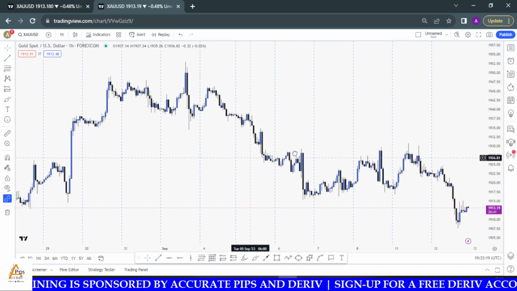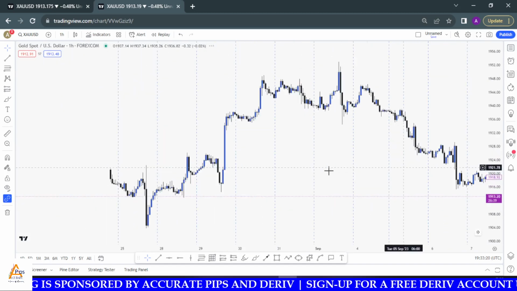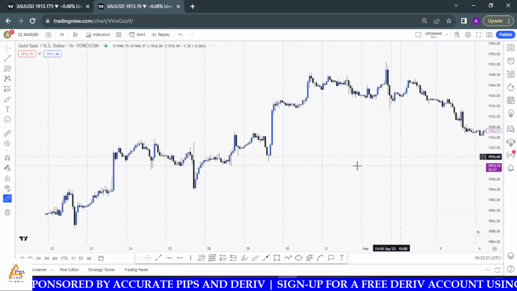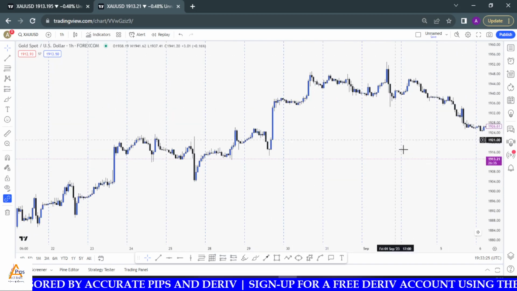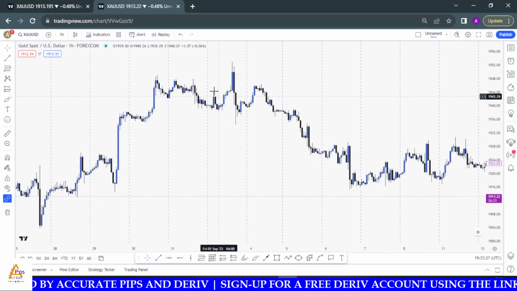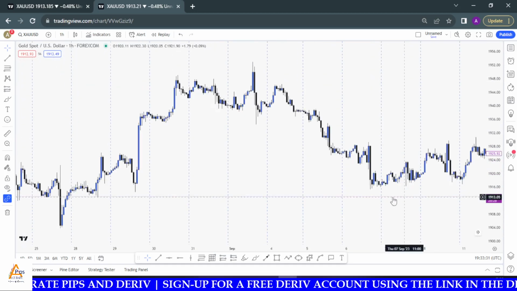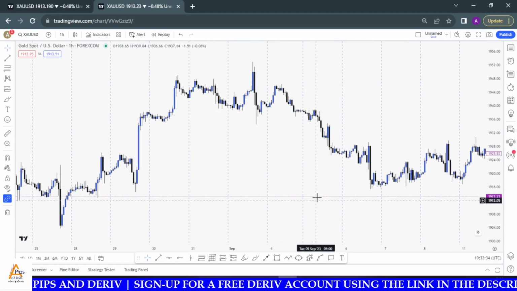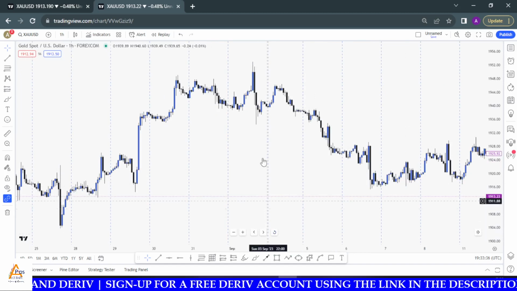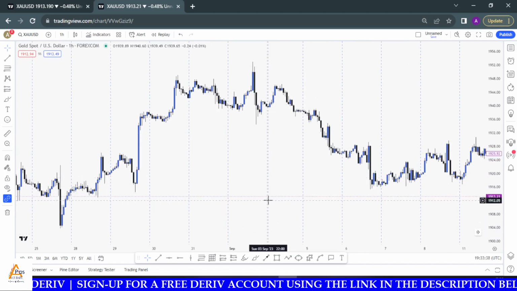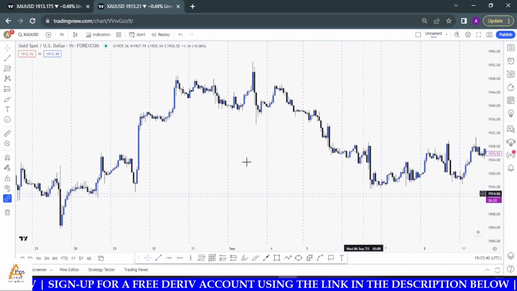All right, so this is our H1 time frame, and as we can see, market was previously bullish here, then we converted into a bearish move during the week. You know, Sunday night was when the market opened.